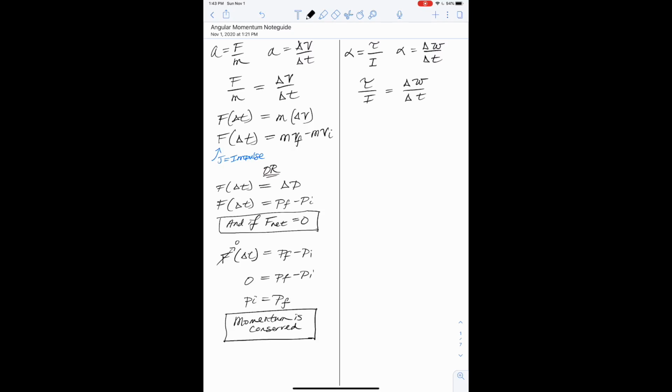We can cross multiply, just like we did over here. I know I didn't draw that in, but draw it in right now. And we can say torque times delta t is equal to I times delta omega. And here we can expand this out a little bit, just like we did over on the other side. I'm just following that as my guide here.